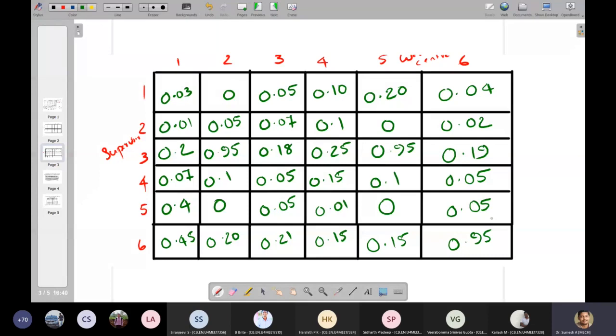Now you can perform the row and column operation. If you want, you can draw the vertical and horizontal lines and you can find the solution. Solve it quickly.